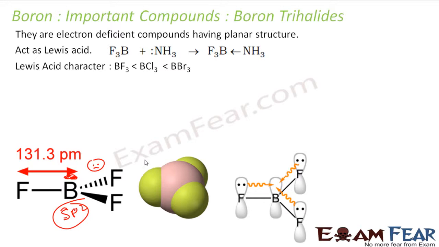And the reactivity series for this is, BF3 is least reactive, and we talked about this because of the back donation by fluorine to boron, because fluorine gives electrons to boron and it becomes happy, and since it is happy, it doesn't behave as a strong Lewis acid. But in BBr3, bromine is not giving much electron to boron.